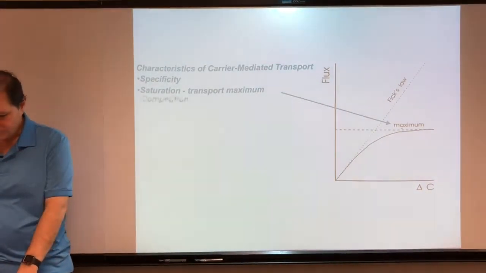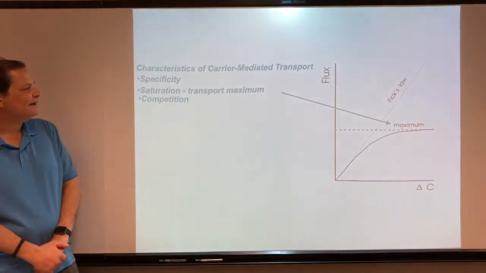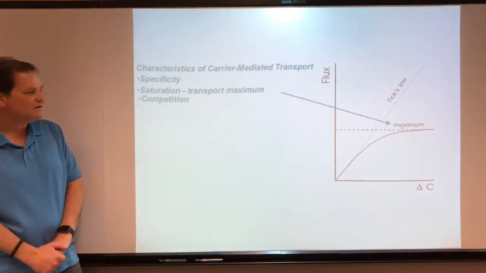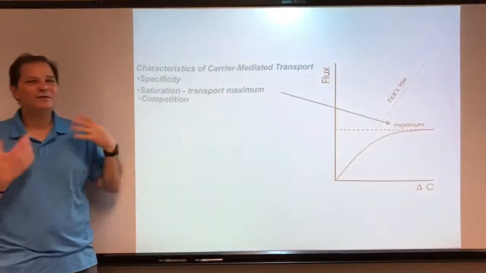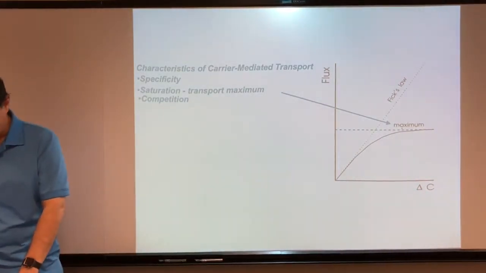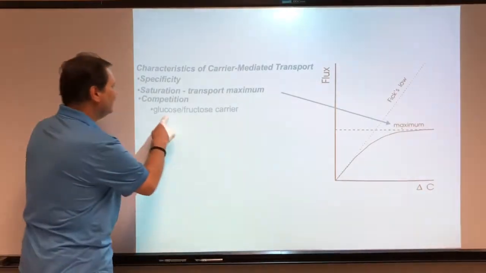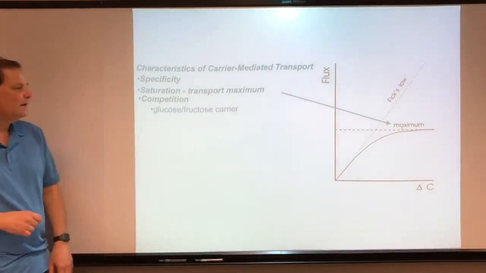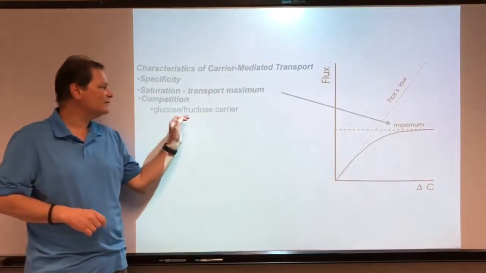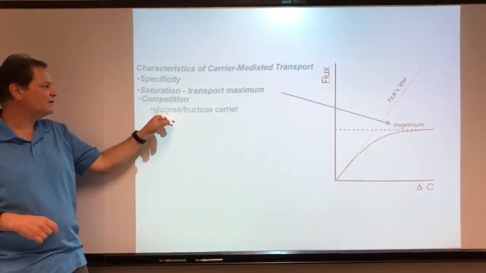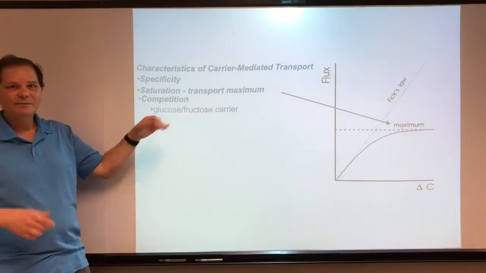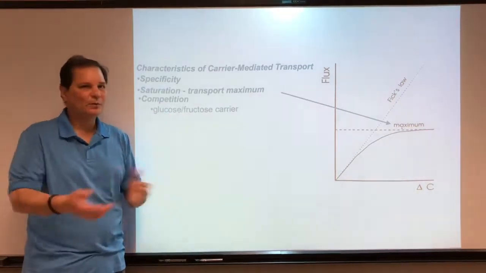Okay. And finally, we have the concept of competition. So this would happen particularly if you have a carrier that transports two different kinds of molecules that are closely related, let's say glucose and fructose. So you have a carrier in the GI tract which carries both of these. And so if you're looking at how much glucose gets across, typically the carrier will transport glucose.